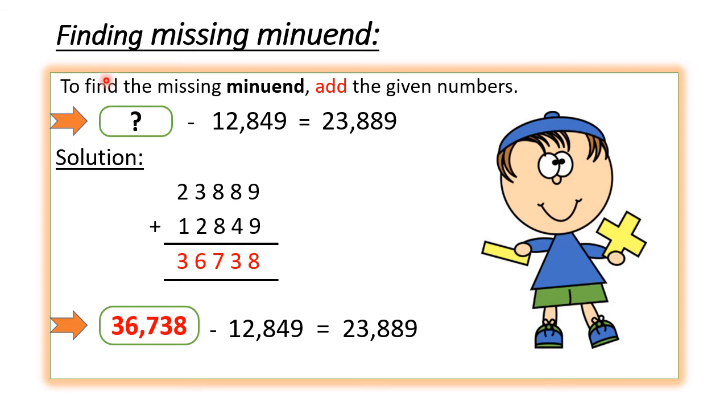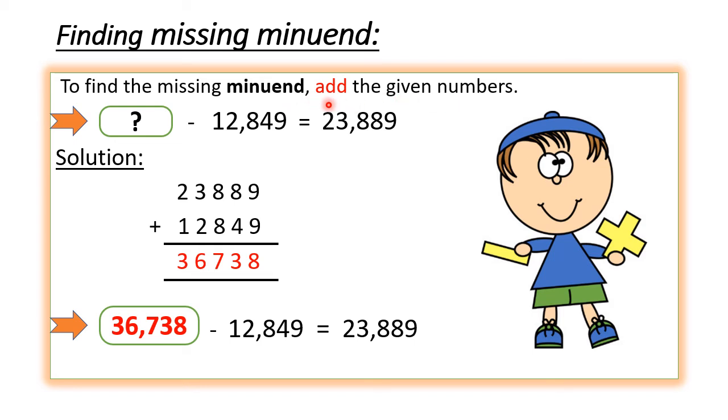So students, this is our another example. In this example, you will learn how to find the missing minuend. In the previous example, you learned how to find the missing subtrahend. In this example, I will tell you how to find the missing minuend. And you know what is minuend? Minuend is the first number. Okay, but before starting the example, you have to remember this thing: to find the missing minuend, you always add the given numbers.